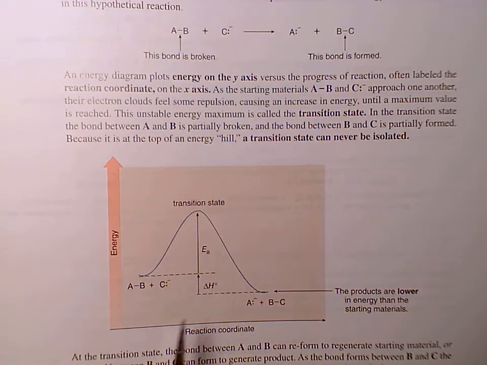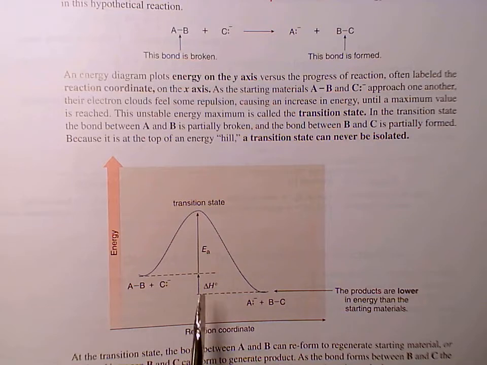The equilibrium most likely lies to the right for this reaction. We know it's exothermic because our products are more stable than our reactants are. Our reactants held more potential energy. That potential energy got given off as heat when we made these products.